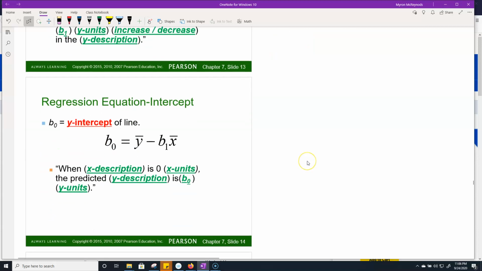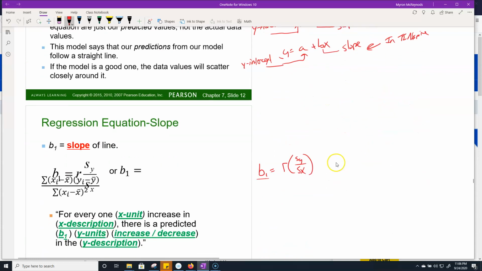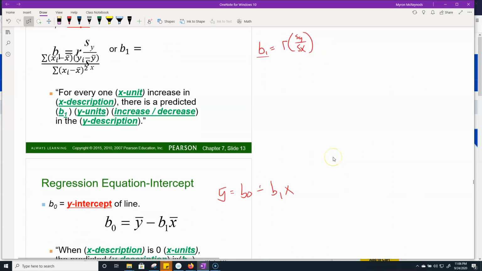And then the B naught is the y-intercept of the line. Remember, if you have the formula y equals B naught plus B1x. See, that's the mx plus b. Oops, my bad, plus.